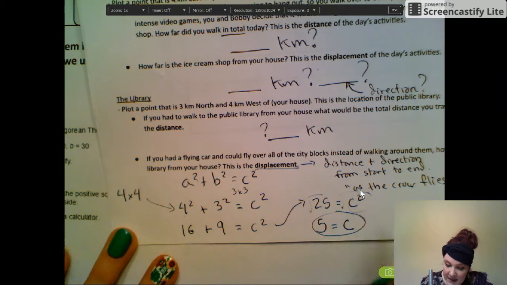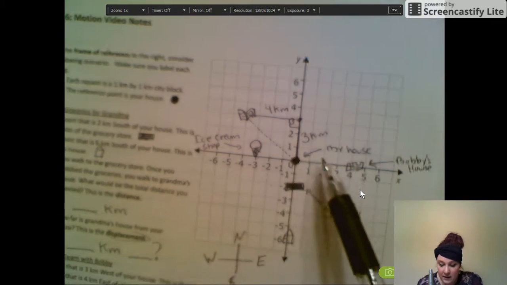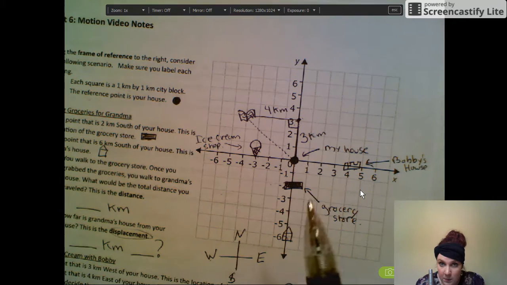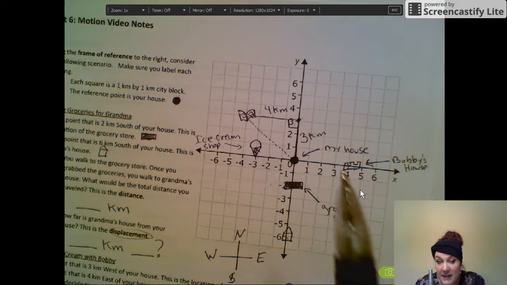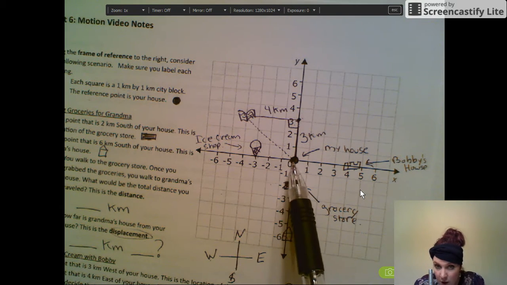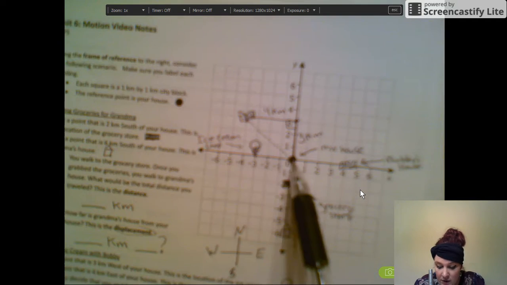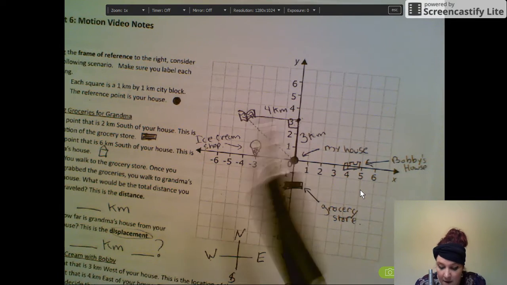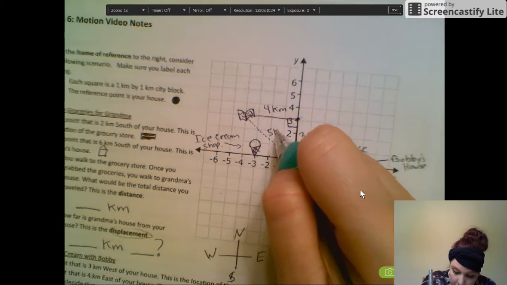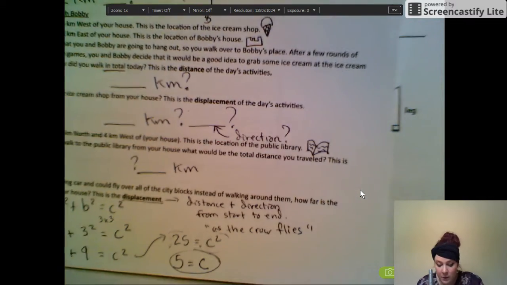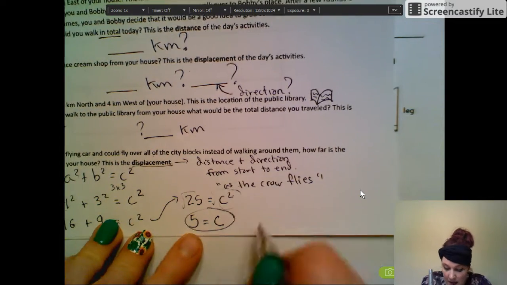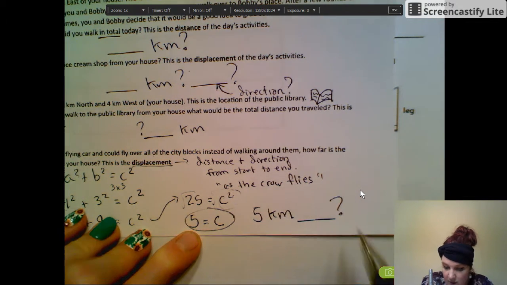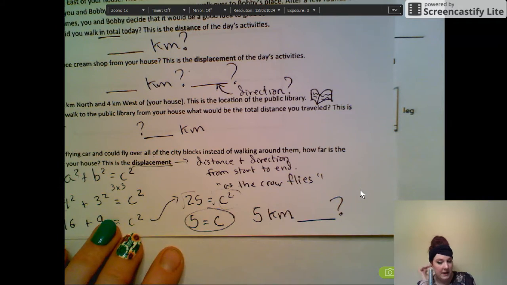So what this means is that the distance is 3 here, and the distance is 4 here. But the displacement is just the distance and direction from start to finish. So if we start here and go to here, we calculated it to be 5 kilometers. But because we're asking for displacement, it would be 5 kilometers in which direction? Which direction did we head to get to the library?